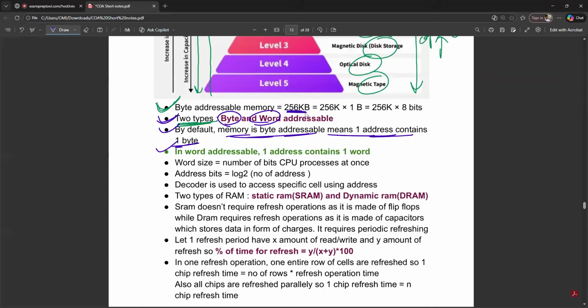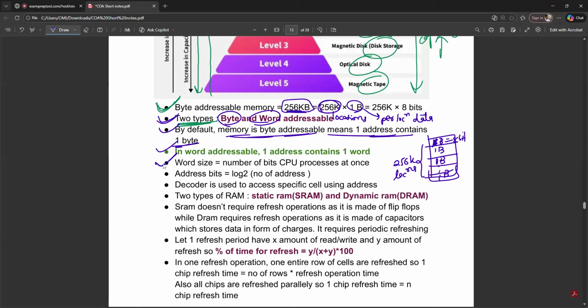If you have 256 KB, that means 256K locations, and each location contains one byte, 8 bits. In this way, byte addressable memory can be represented.